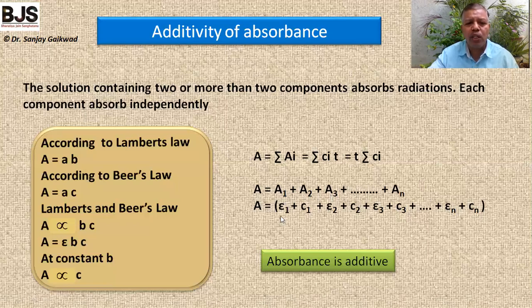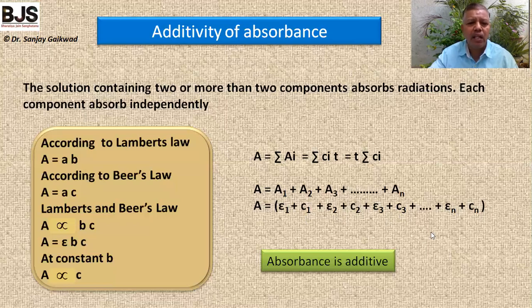With respect to molar absorptivity, the equation becomes A = ε1C1 + ε2C2 + ε3C3, and so on. Therefore absorbance is an additive property.